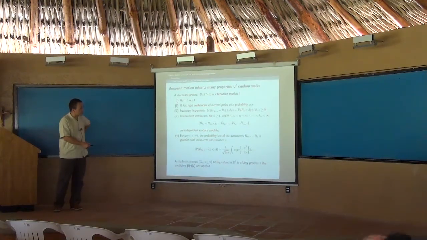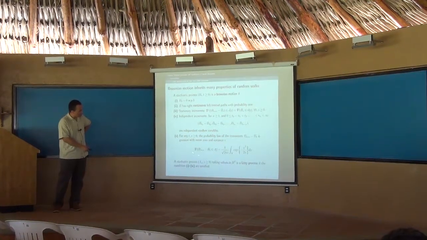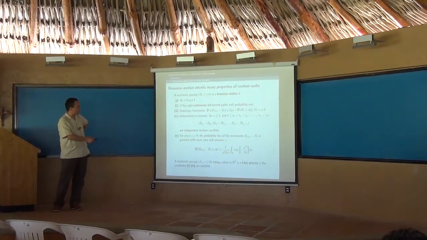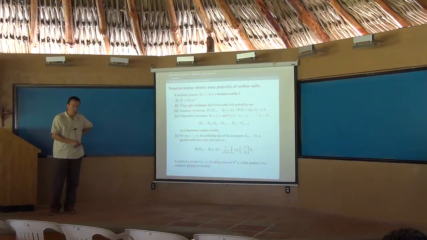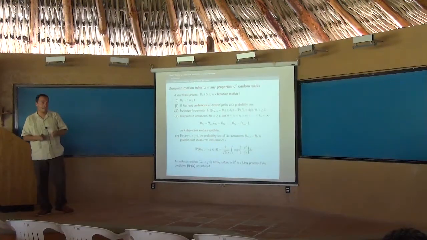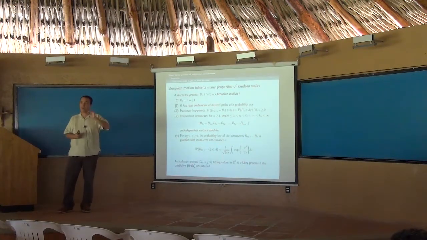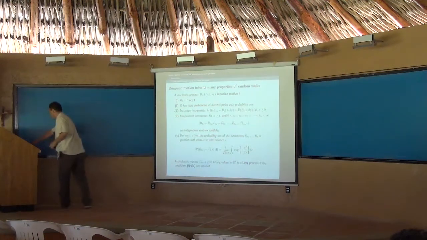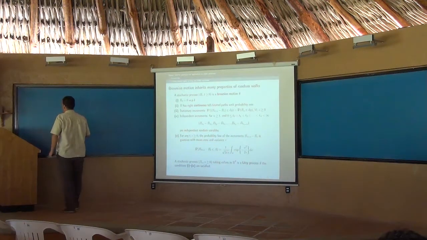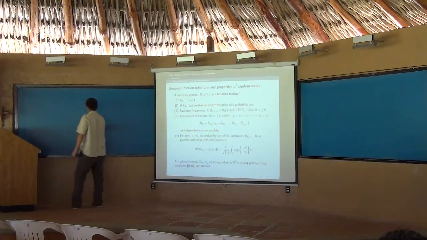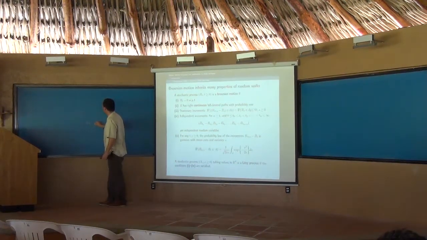So this is what is general for a Levy process. And these objects, Levy processes, are completely determined by three objects. You have something that starts at 0, it makes some jumps and so on.